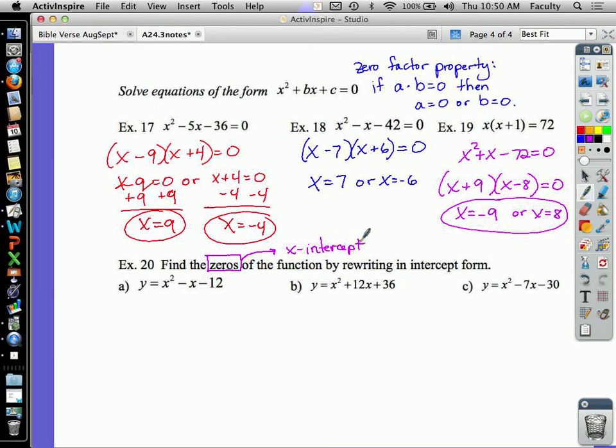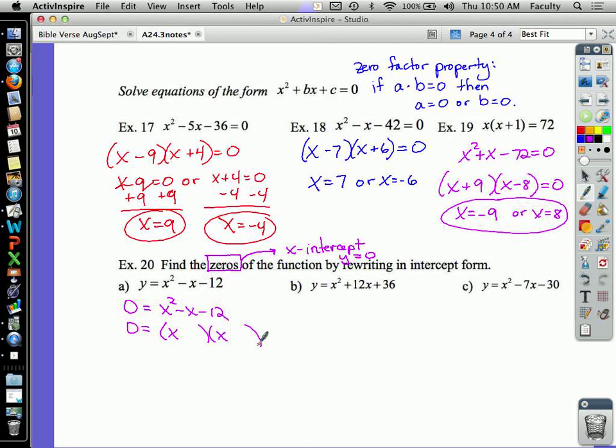What do we know about an x-intercept? We know that y is 0, right? An x-intercept is on the x-axis, so you're not up or down anywhere. So what you're actually doing is changing y equal to 0, because that's how you find a zero. And then intercept form means it's factored.